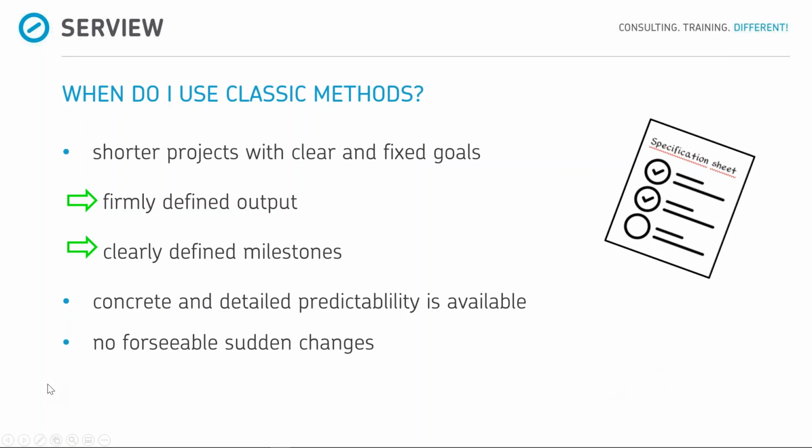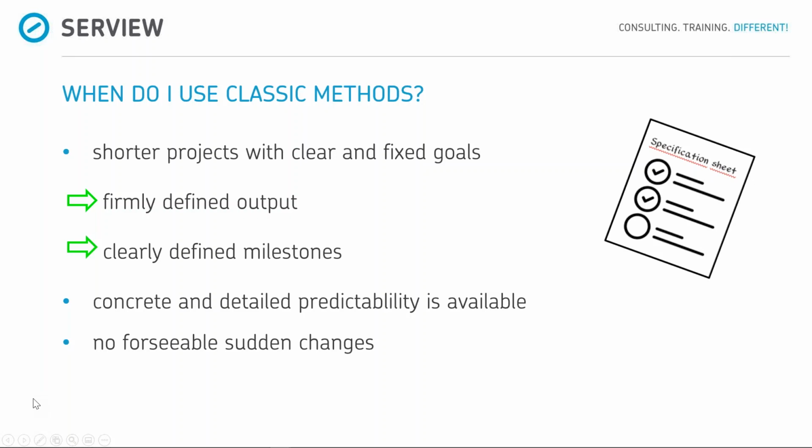So classic methods, good for I know what I want, we know what we need, for instance, because we already did an analysis, we already did a proof of concept, or maybe because there are no changes to be expected. Everything is highly regulated. For instance, this might mean classical projects in construction.